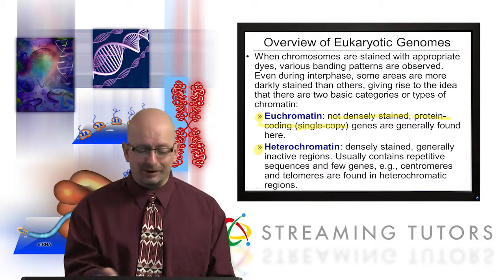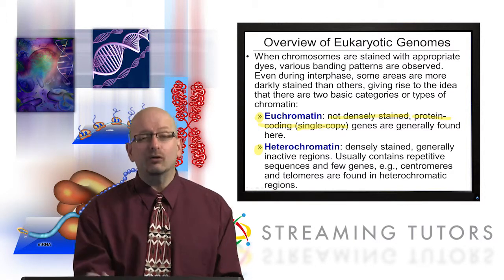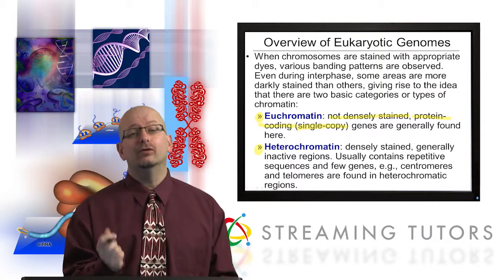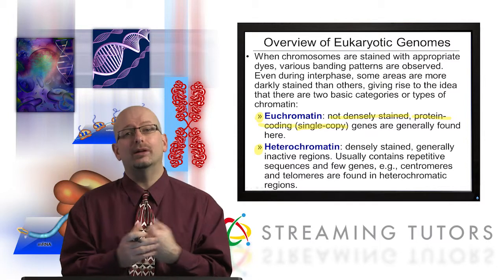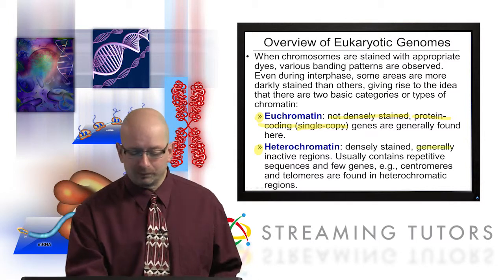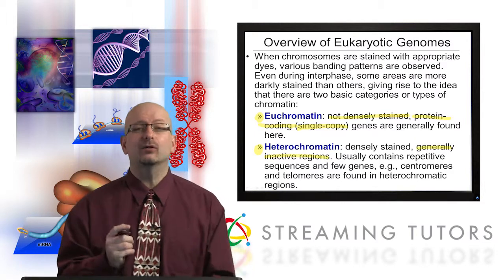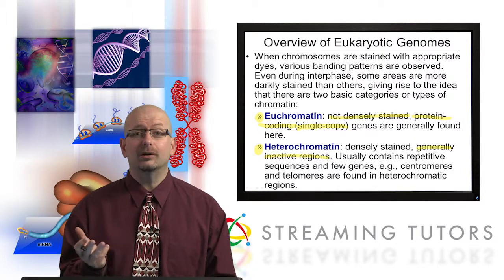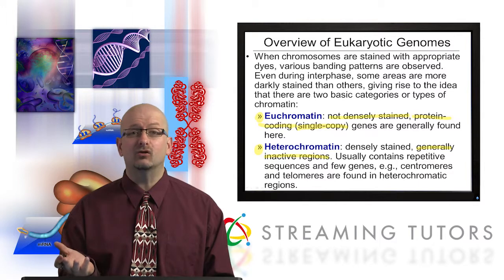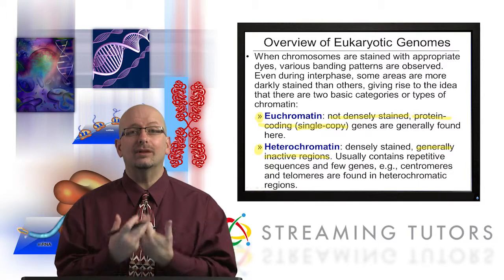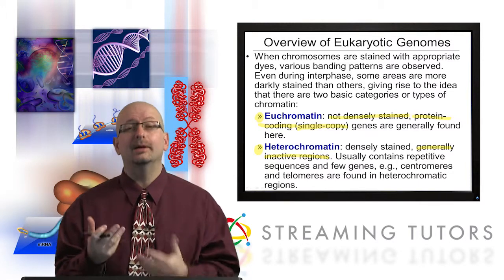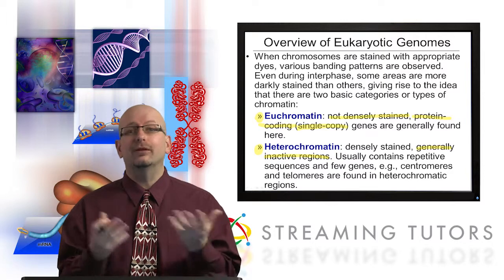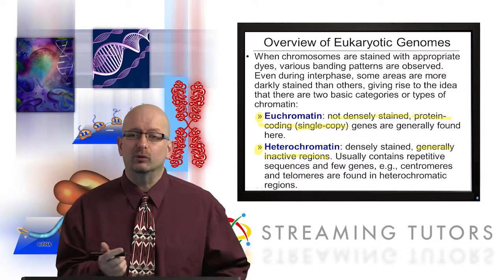If you had to make a real simple one-to-one correlation, we would say that protein coding genes are found in euchromatin, or vice versa. Whereas heterochromatin, on the other hand, is very densely stained, which implies that it's compacted, and that also implies that it's an inactive region. Now, that doesn't necessarily mean it does nothing functionally. It's inactive in the sense that it's not getting transcribed, and replication is not occurring at that particular point.